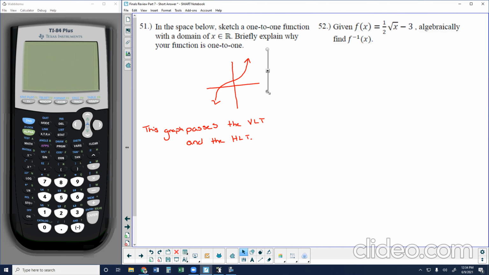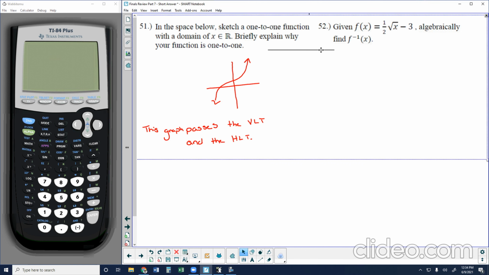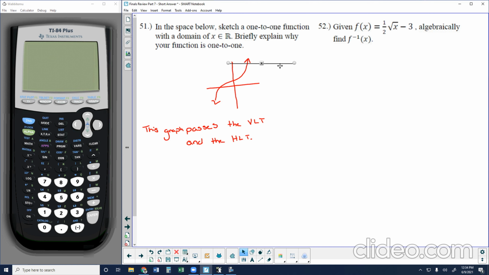Then I want to go ahead and make this a horizontal line and do the horizontal line test, dragging it through the function, making sure that it intersects the function at one location at a time, meaning each y maps to exactly one x. So this is a one-to-one function.